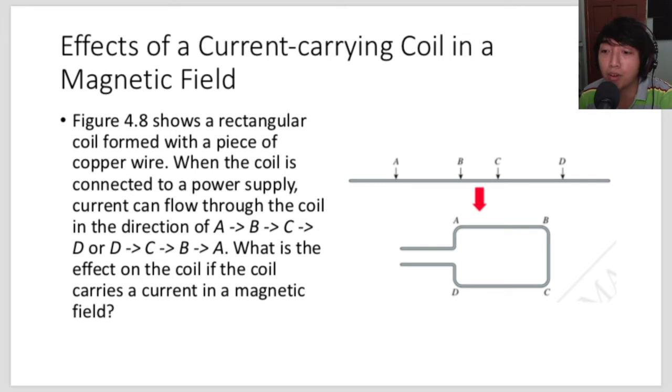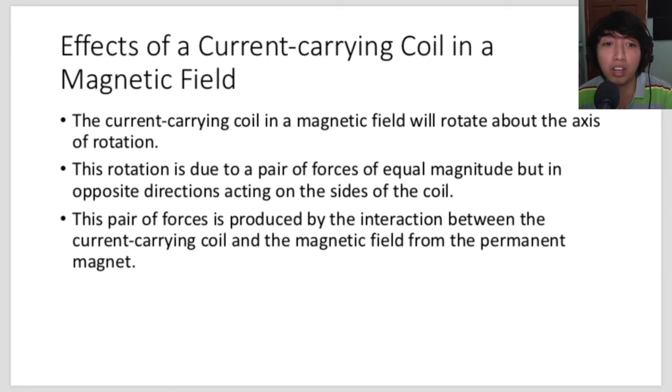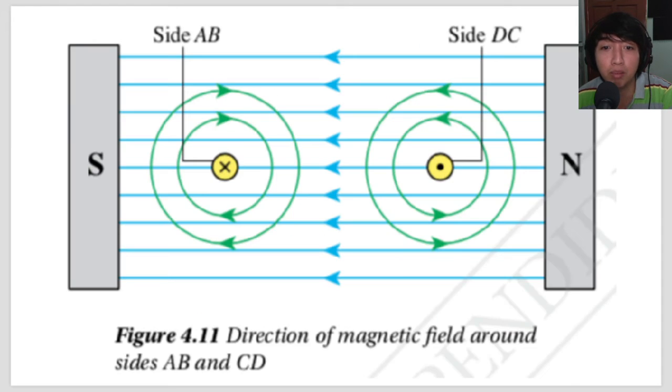So the thing about a coil is we have the current going in one direction. So you have A, B, then it turns around, and then from C to D is going in the opposite direction. So essentially, when we put this in a magnetic field, we now have, well, I'll show you what happens first. We now have basically two magnetic fields to deal with, both going in different directions.